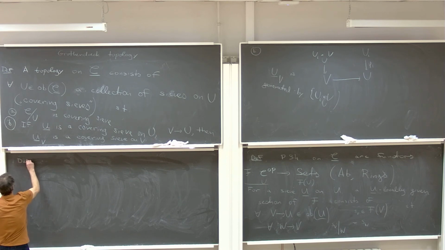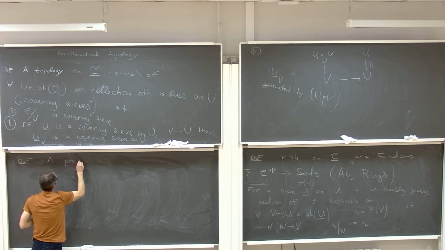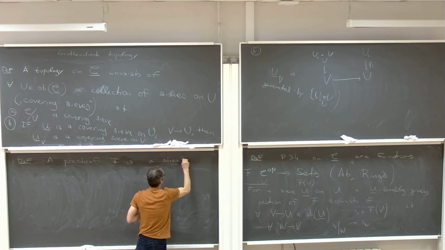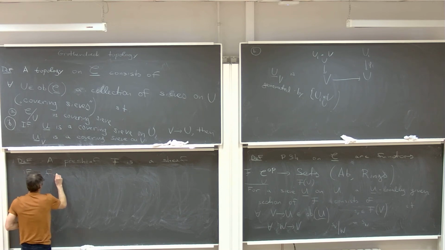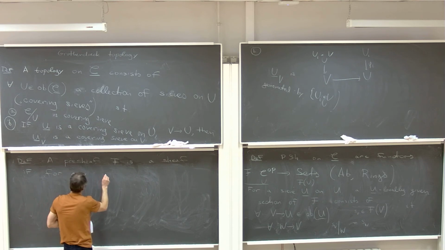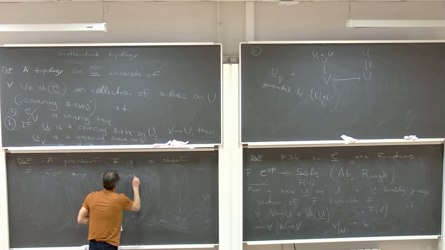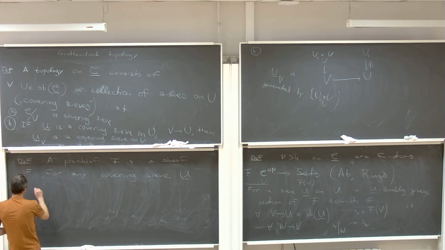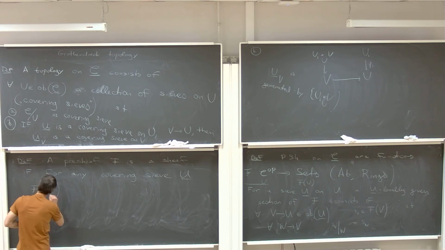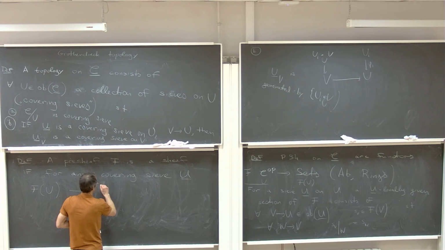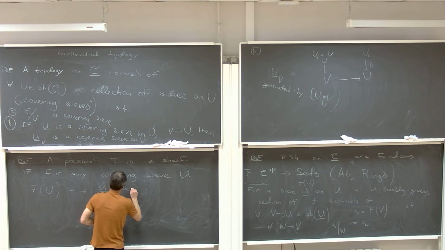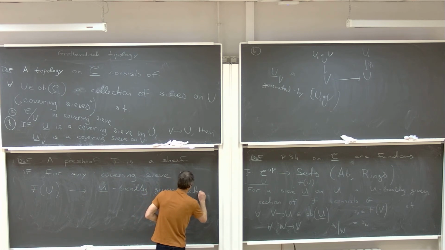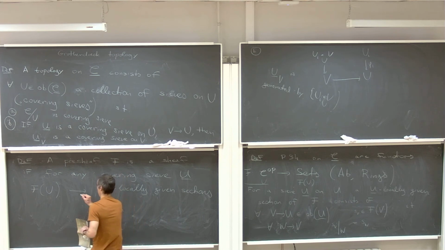So definition: a presheaf F is a sheaf if for any covering sieve on U, the map from F of U to the set of locally given sections is a bijection.